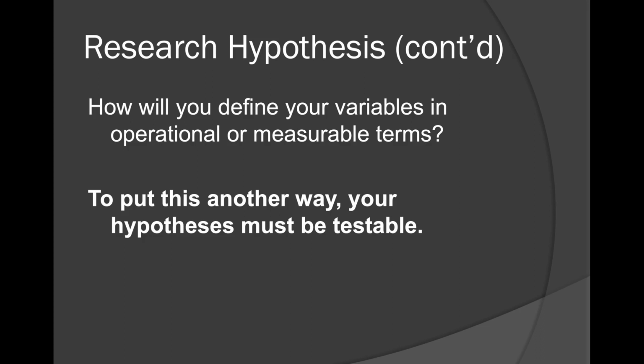I'm going to predict that if I eat fewer calories, I'm going to weigh less, and therefore I can operationalize that by counting calories and by weighing myself. Rather, you wouldn't necessarily want to, even though a good personal way might be to see how your clothes fit, that's probably not going to be a great way to measure it in terms of a study. So weighing myself on a scale will work for testing the hypothesis.